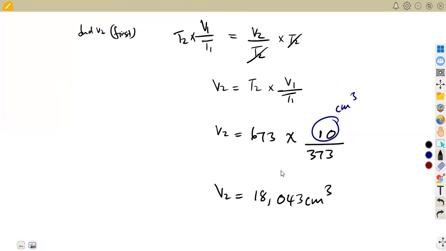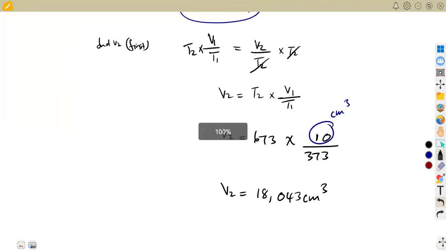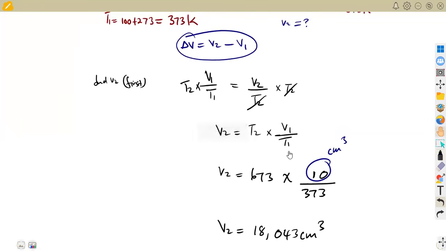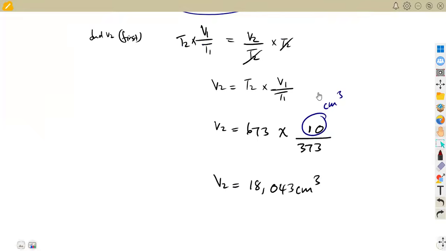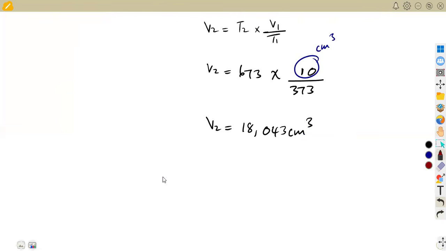cubic centimeters. Remember, the purpose of finding V2, it is not because we are being asked about that. No, the question was asking us to calculate the change in volume. But we need V2 so that we determine the change in volume, since we said the change in volume is simply the difference that we have between V2 and V1.